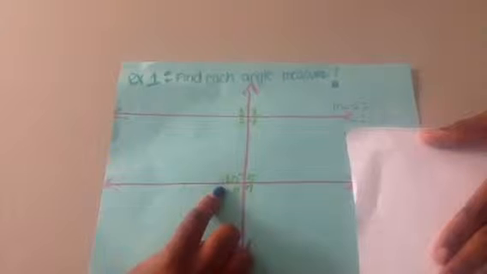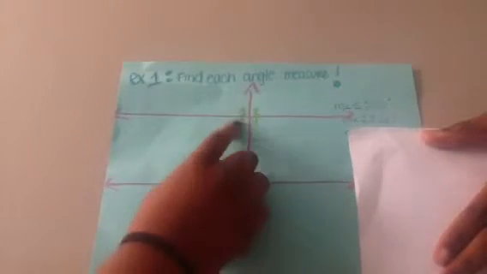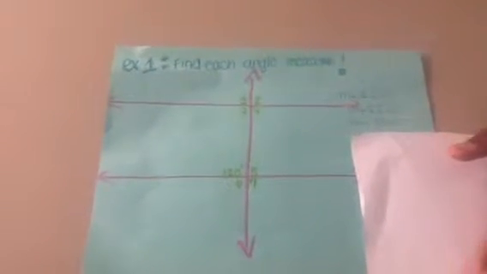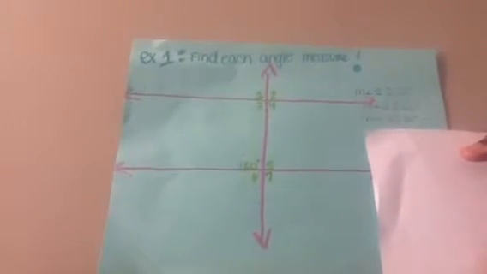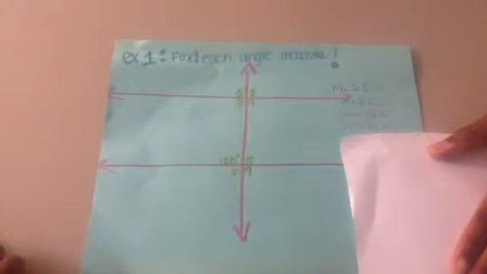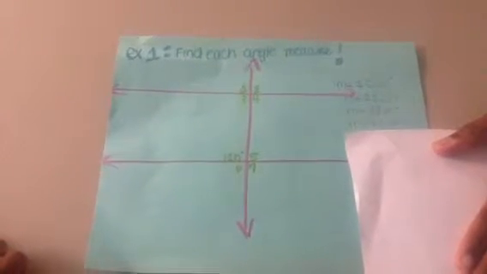Measure angle 3 and measure angle 8 are same side interior angles. So in order to find measure angle 3, you have to subtract 120 from 180 as well, and you get 60. Measure angle 4 is alternate exterior angles with measure angle 8. Therefore, they are congruent. So measure angle 4 is 120 degrees. Measure angle 5 is same side interior angles with measure angle 4.